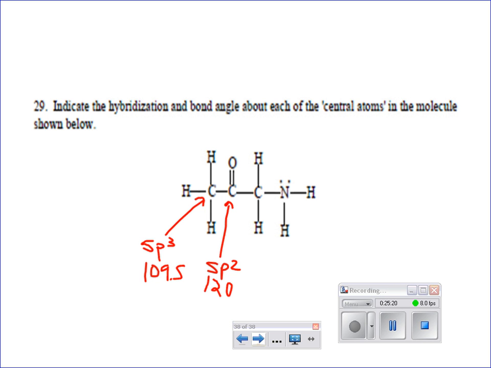It's 3 areas, so it's 120, okay? This one right here, Sp3, bond angle, 109.5, nice. The last one, Sp3, 107-ish, because we have that lone pair. That's the only difference between these two statistics. Okay, that's hybridization in a nutshell.